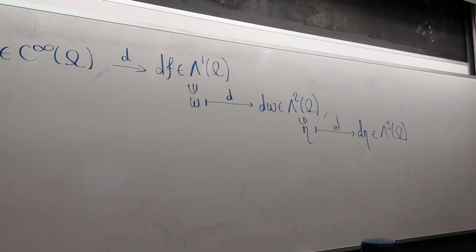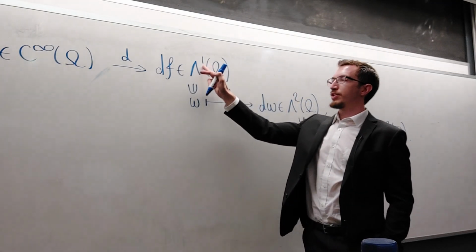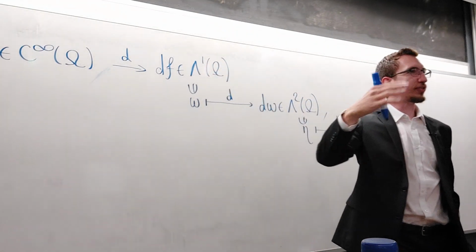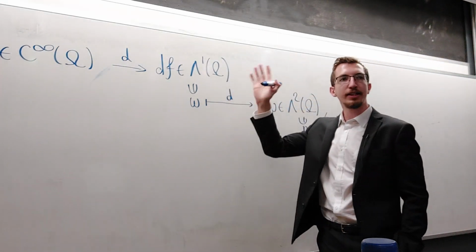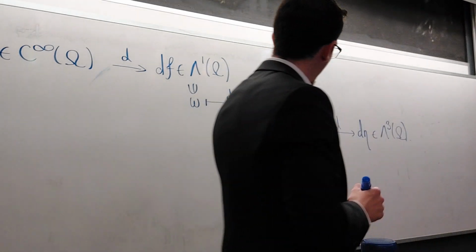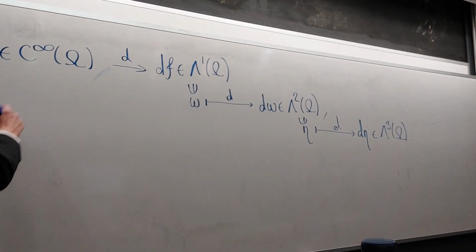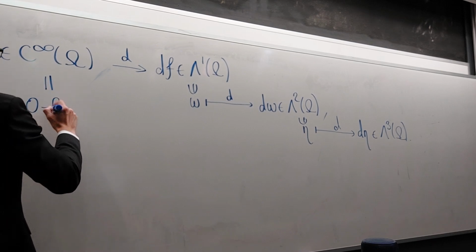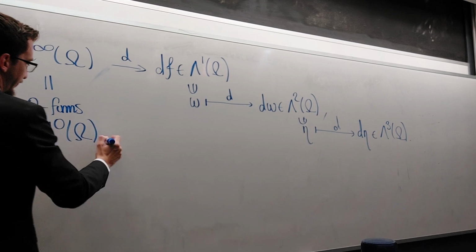Because the exterior derivative bumps up the degree, or the type. If I say a form of type k, I mean a k form, or degree k. We can see that it's bumping up the degree by 1 every time, so it's natural to refer to these as 0 forms. And we'll write it like this.